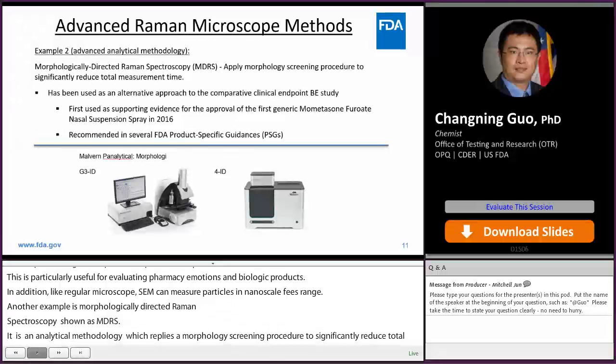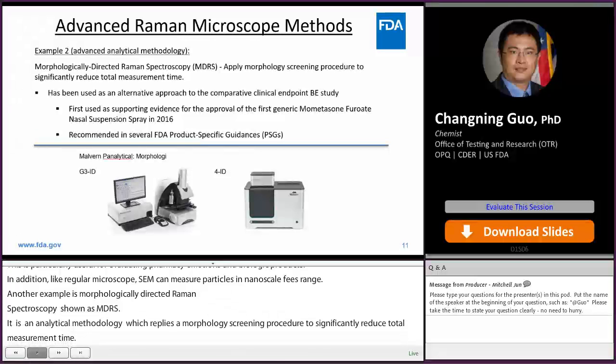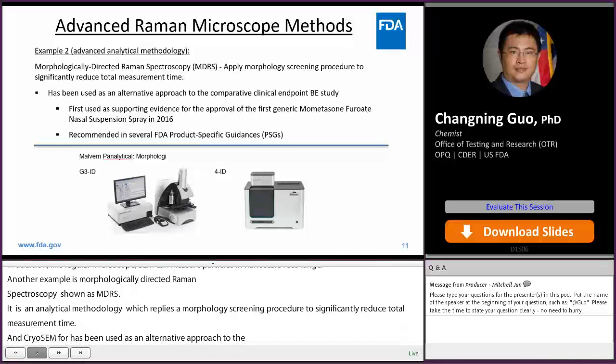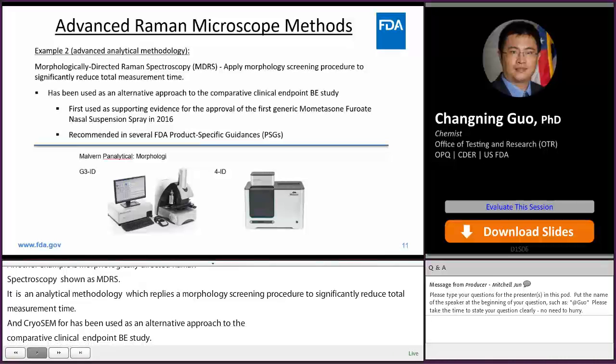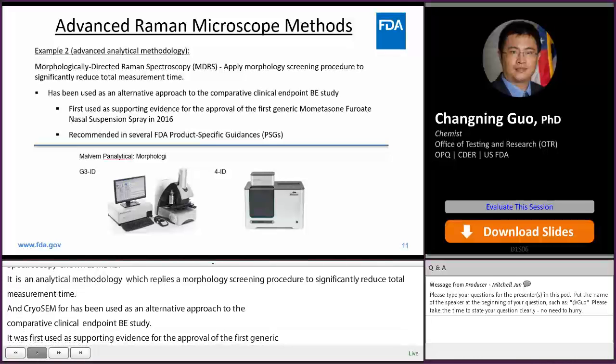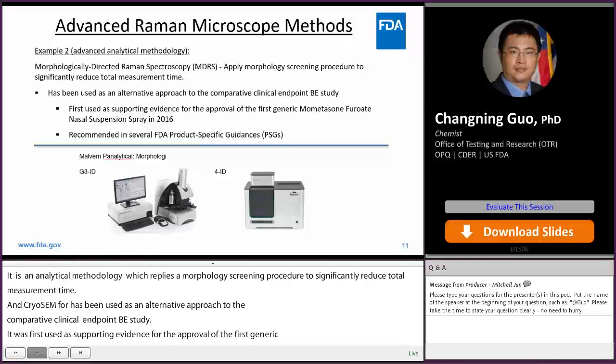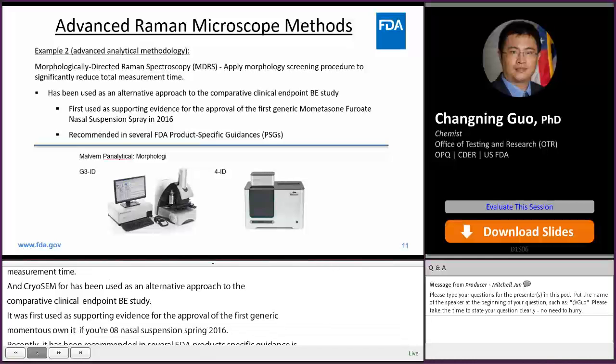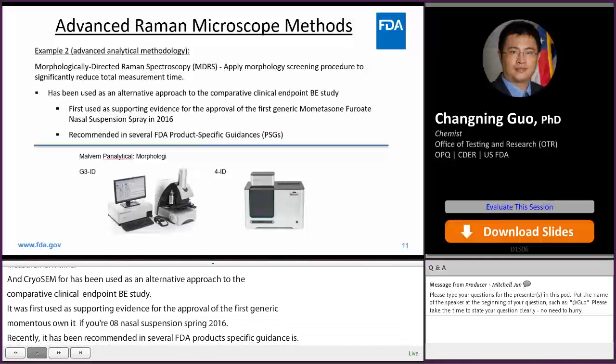It was first used as supporting evidence for the approval of the first generic mometasone furoate nasal suspension spray in 2016. And recently, it has been recommended in several FDA product-specific guidances. In this presentation, we will use MDRS as a case study for advanced microscope method development and validation.